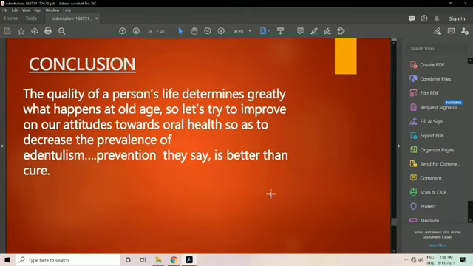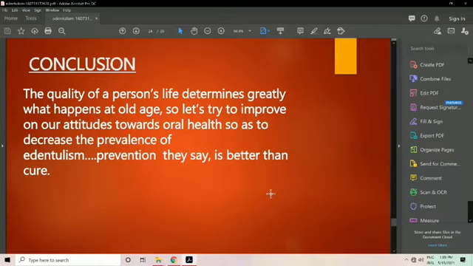In conclusion, I would like to say that the quality of a person's life determines greatly what happens at old age. So let's try to improve our attitudes towards oral health so as to decrease the prevalence of edentulism. That means prevention, they say, is better than cure. So in conclusion, to revise, the partially edentulous patients are where a few teeth are missing.